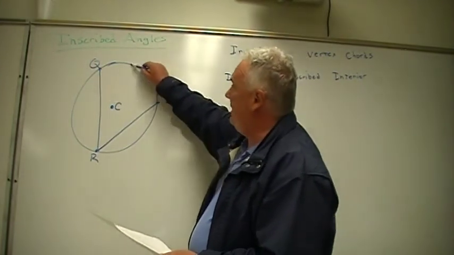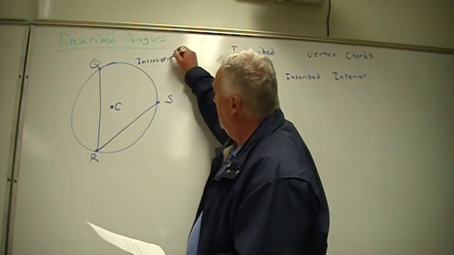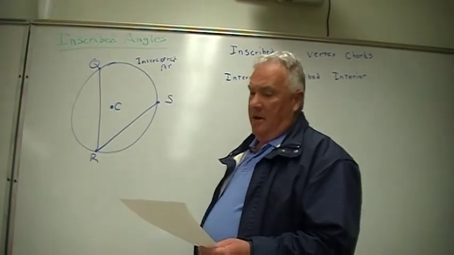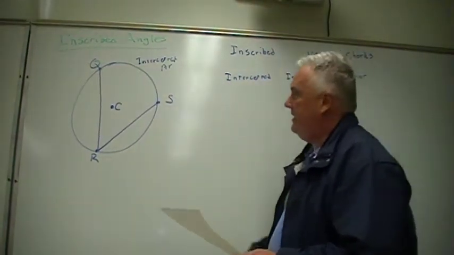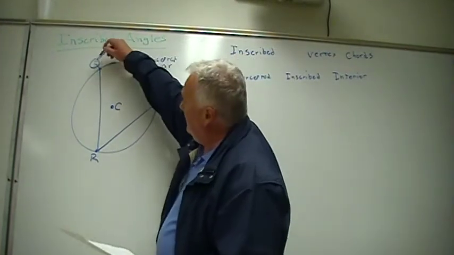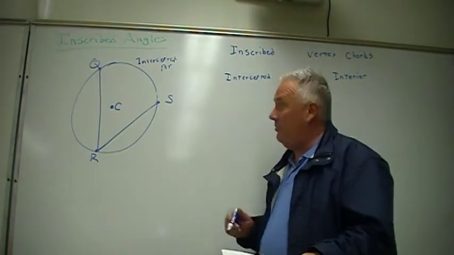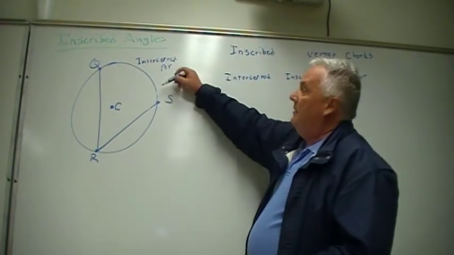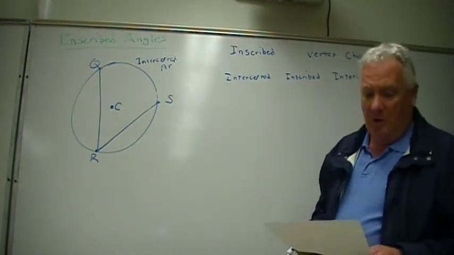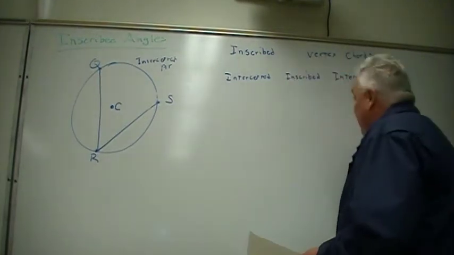So here's our intercepted arc. It's QS, right there. And it lies in the interior, meaning it's on the inside of the angle. If these continued out, which we will do at a later point when we extend these, the intercepted arc is still on the inside. So that covers the first of the definitions.